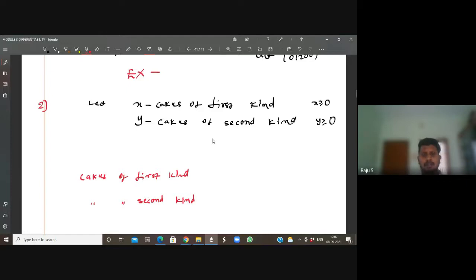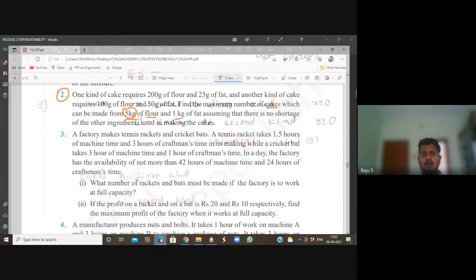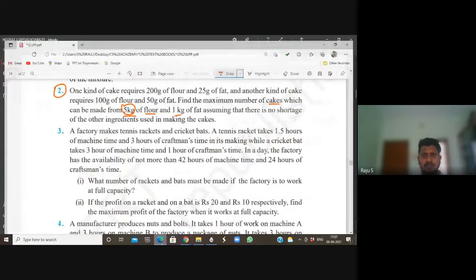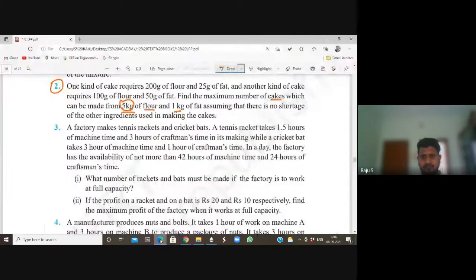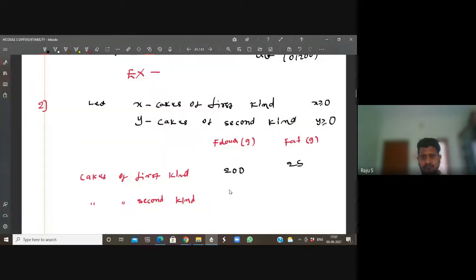Here we are using two ingredients, flour in grams and fat in grams. In the first kind, when you see the question, how many grams? 200 grams of flour and 25 of fat. Second kind, 150 and 50.